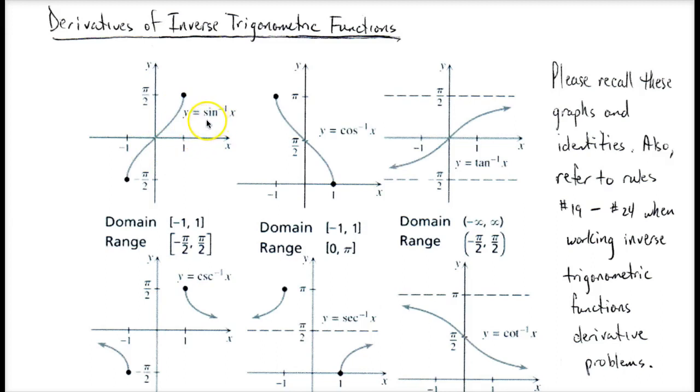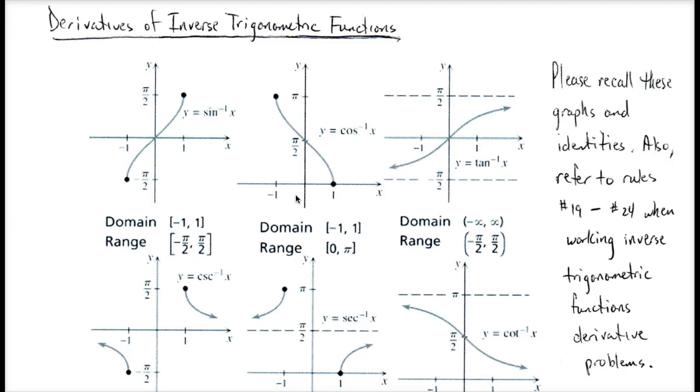If we were to draw the graph of the derivative of sine inverse of x, it would be a graph that's always increasing because of that. Similarly, if we look at cosine inverse, we see that this graph is always decreasing. Since it's always decreasing, we know that its derivative is going to have to be negative regardless of what values of x we plug in.